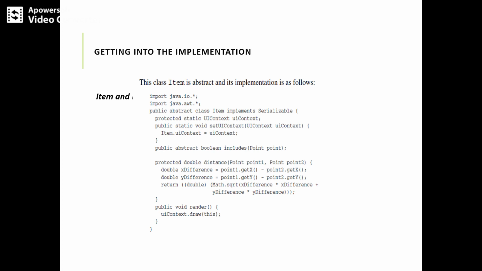Then the protected double distance method takes point 1 and point 2, and the type is double.